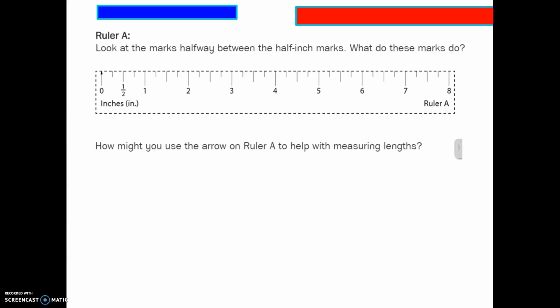Okay? And I want you to look at the marks halfway between the 1/2 inch marks. So these are the 1/2 inch marks. Between 2 inches, so let's look between 1 and 2, we have 4 lines. Well, 3 lines, 5 altogether.